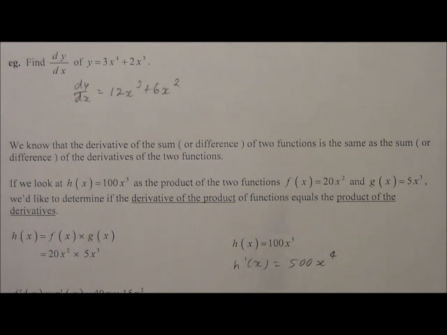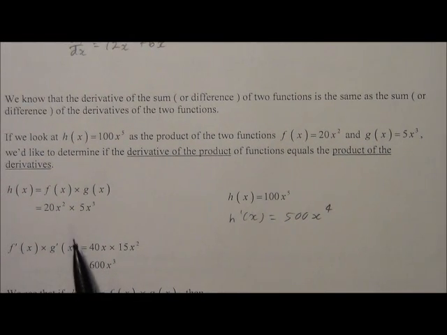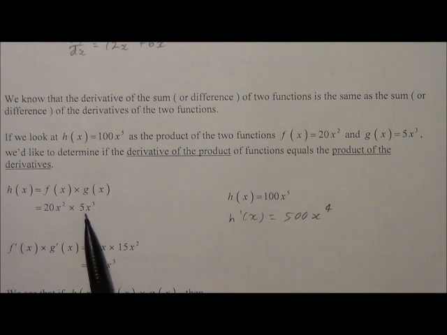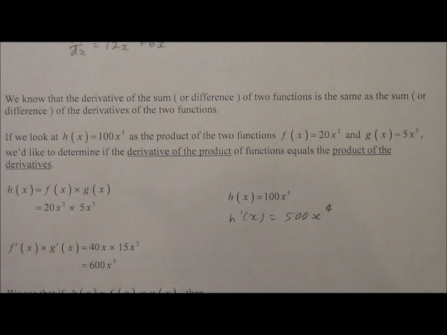If we were to take the derivative of f of x and g of x independently and then multiply them, we would see that the derivative of f of x gives you 40x, and the derivative of g of x gives us 15x squared, and then when we multiply them together we get 600x cubed, which is not the same as the derivative of h of x.